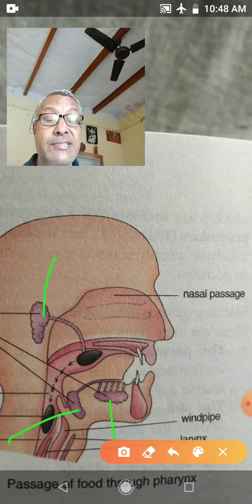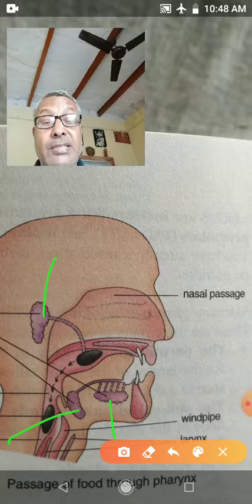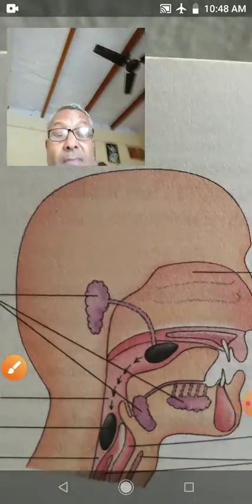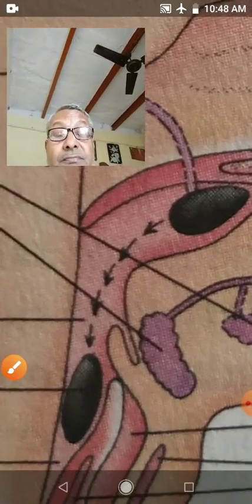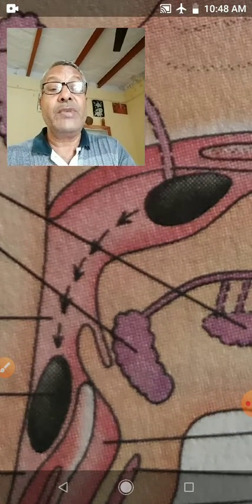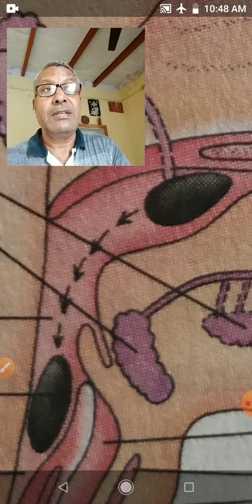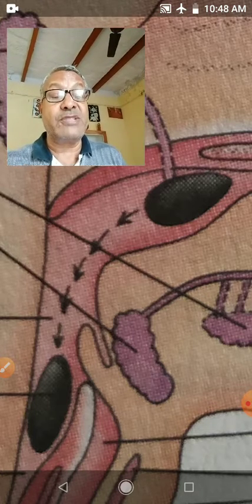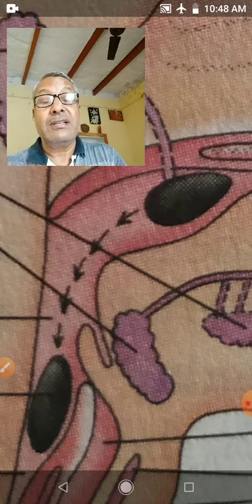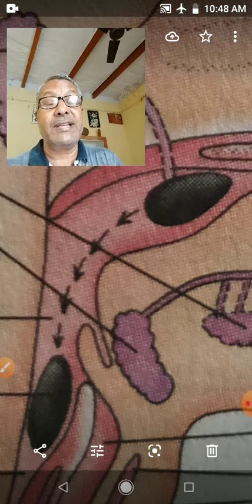Now, other things which you will see in this figure. When we swallow the food, we are taking the food in the buccal cavity. Teeth will break the food into small pieces. Saliva is mixed with the food. Tongue helps in mixing.